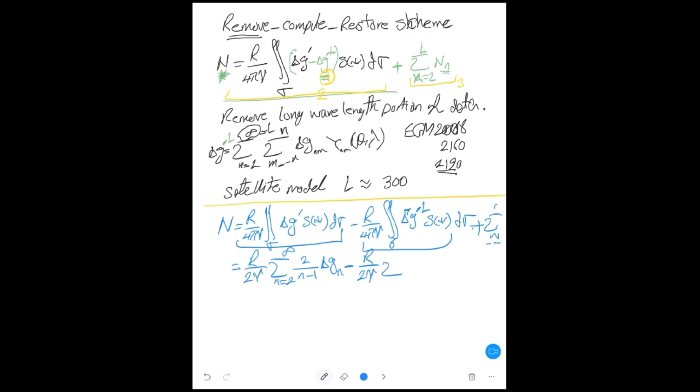The second term will actually be the summation of R over 2 gamma, summation n from 2 up to L, of 2n plus 1 over n minus 1 delta G n, plus the last term.